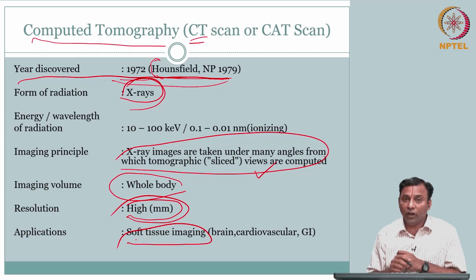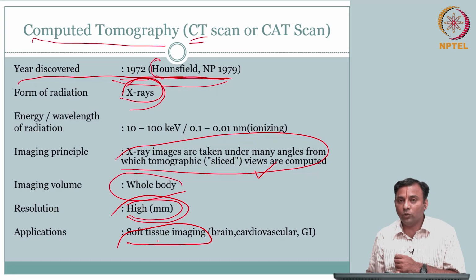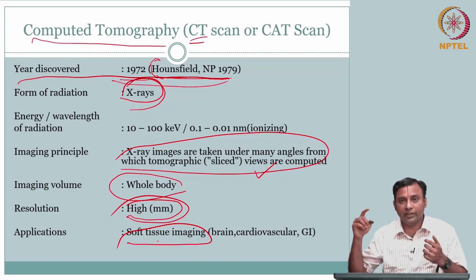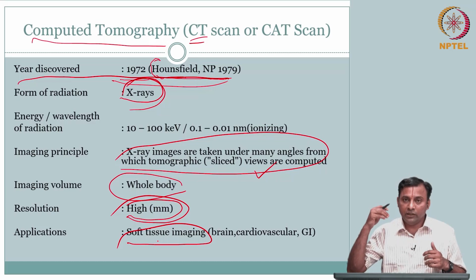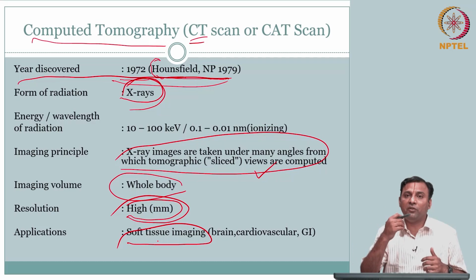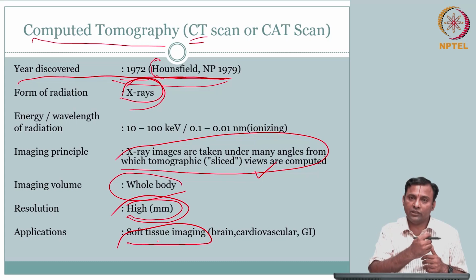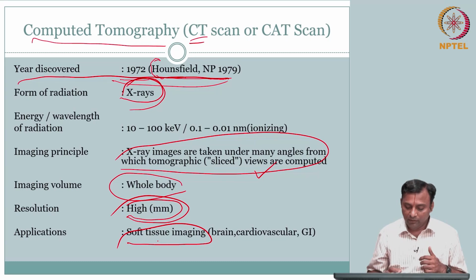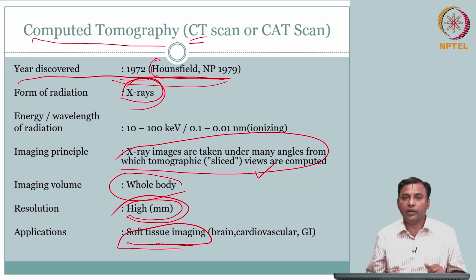Where CT contributes is it provides good soft tissue imaging. So if I want to not just look at whether there is a bone fracture or a skull fracture, but actually see the different soft tissues, and differentiate one soft tissue from the other, then this becomes a very important modality.